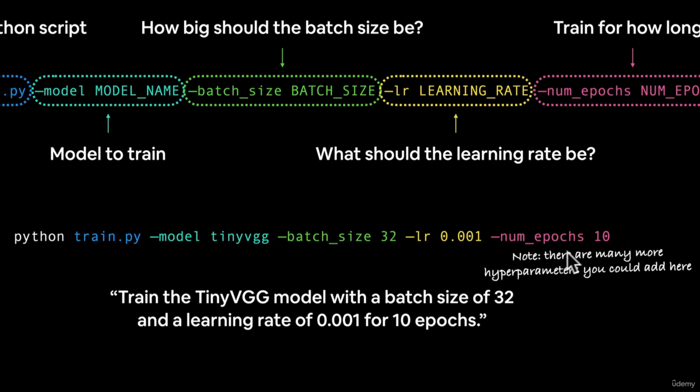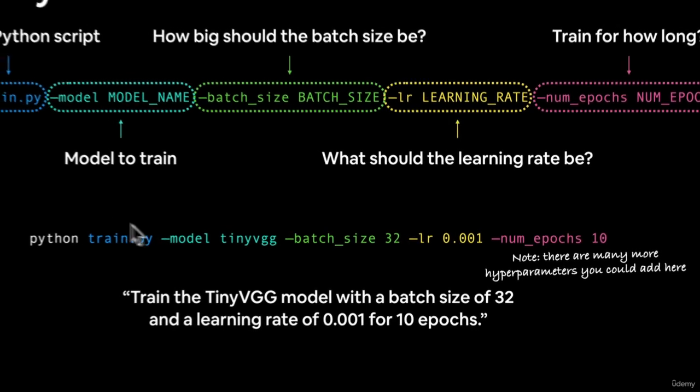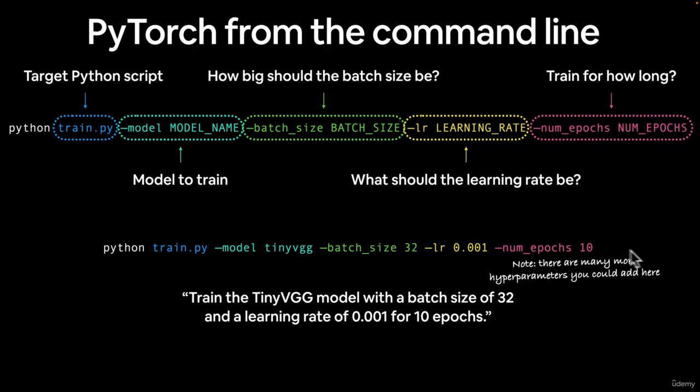And the answer is yes. This could really extend out to 10, to 20, to 30. Doesn't really matter. It's infinitely customizable. And so what this line is essentially saying is train the tiny VGG model with a batch size of 32 and a learning rate of 0.001 for 10 epochs.